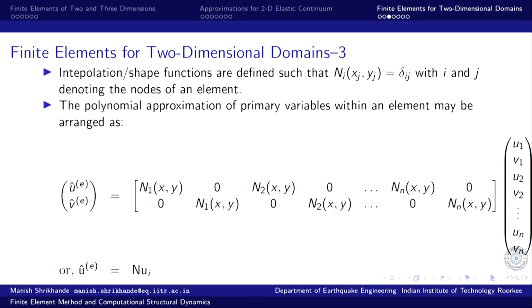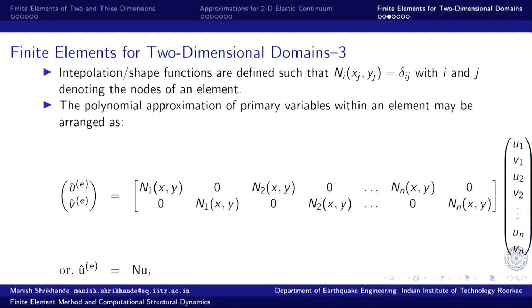So, the polynomial approximation for primary variables within an element can be arranged now in a matrix form. So, as I said, n 1 u 1 plus n 2 u 2 plus n 3 u 3 up to n n u n, right. And similarly for component v, displacement v, it will be n 1 v 1 plus n 2 v 2 plus all those terms, and then finally n n v n. So, we accumulate contributions from each node.